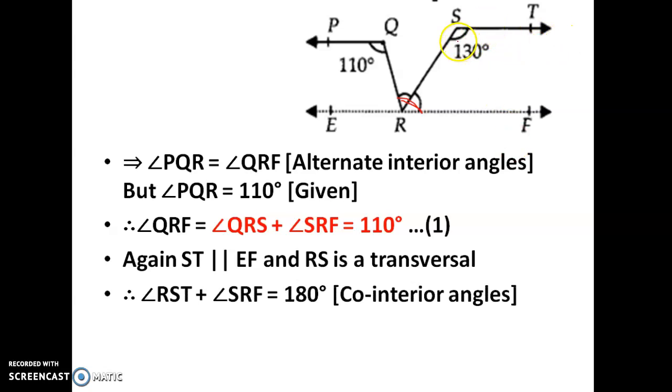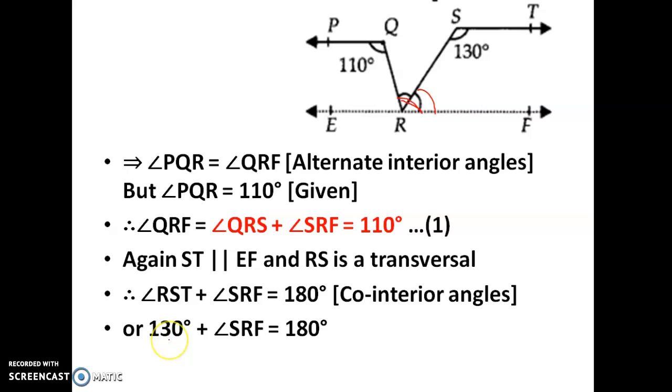So this angle 130, this angle is there, right? This is a co-interior angle with SRF. Okay, SRF, this angle. These two are co-interior angles on the same side of the transversal, we will say. So if you add these two angles, it will give you 180 degrees.